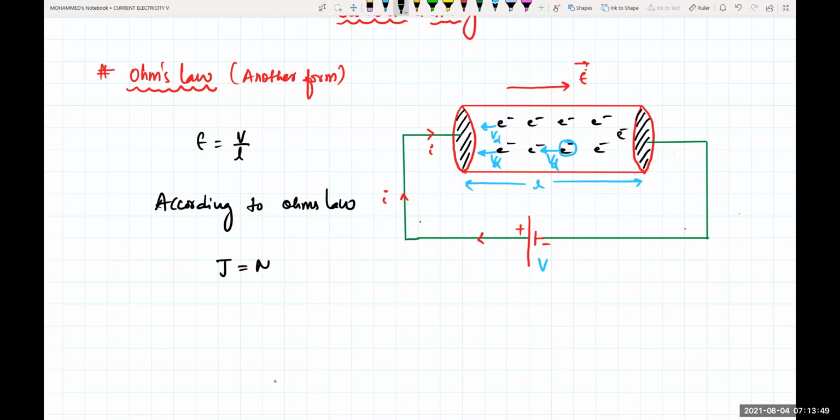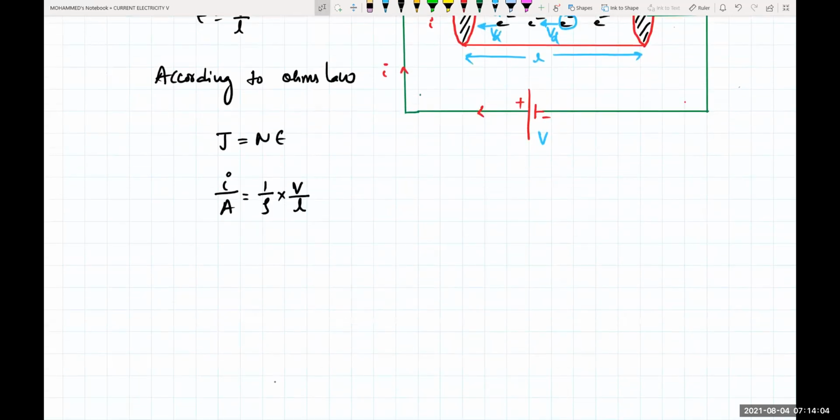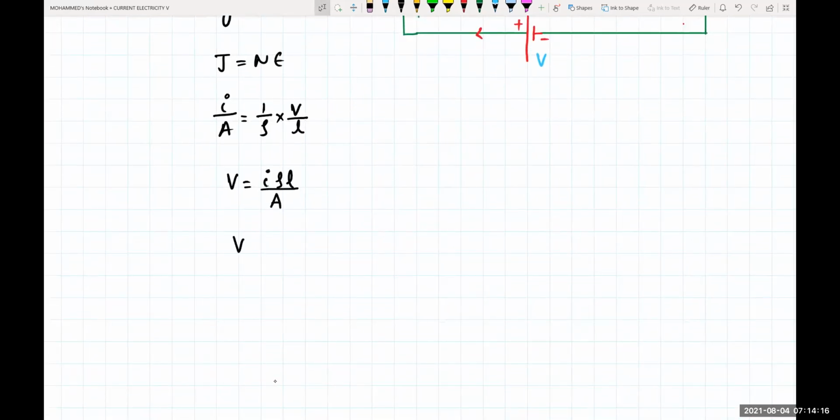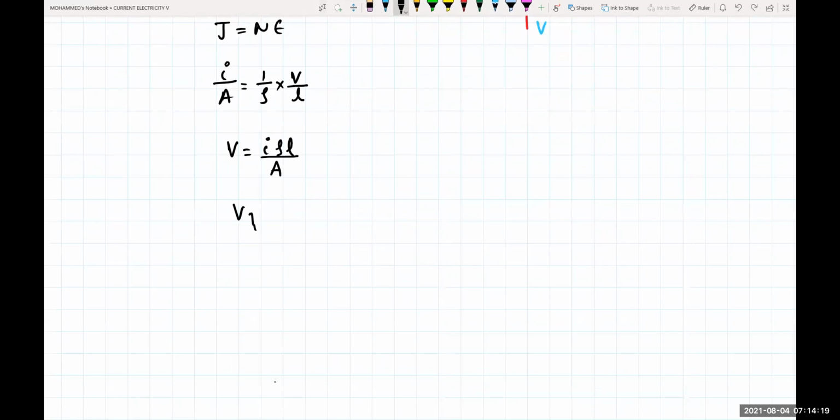Current density is J equals sigma into E. Current density is current divided by area, so I by A equals sigma E. Sigma is equal to 1 by rho, and the electric field is V divided by L. From this I can write V equals I times rho L divided by A. Rho is constant, L is constant, A is also constant, so V equals some constant times I. The value of R is rho into L divided by A.